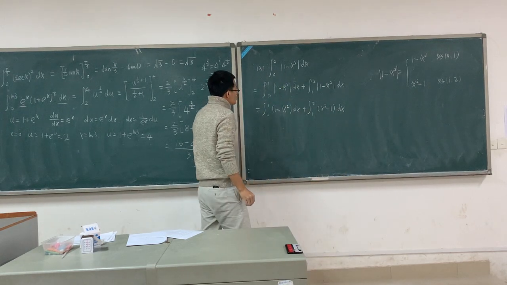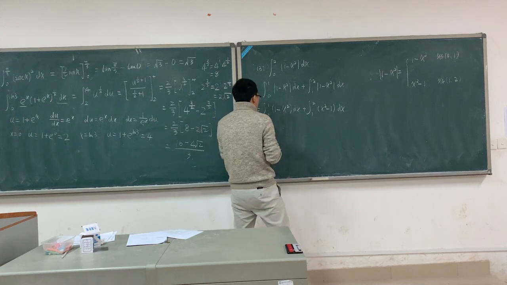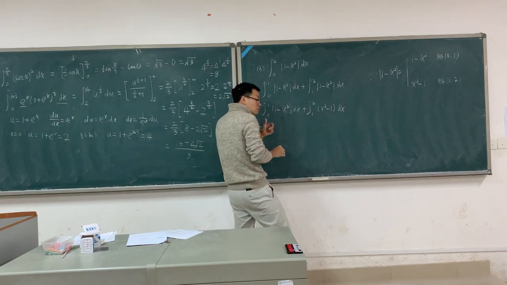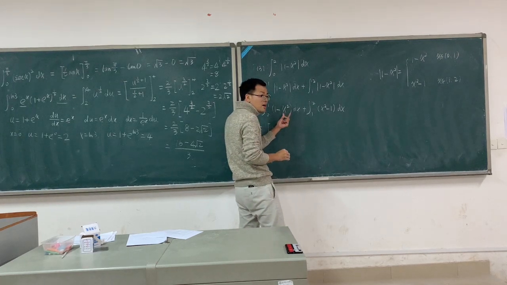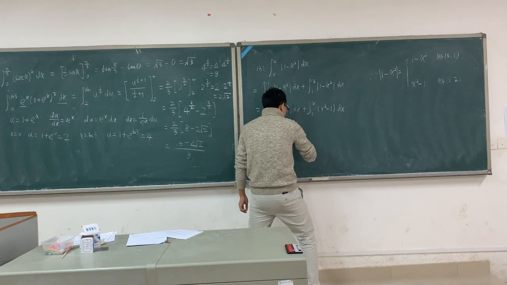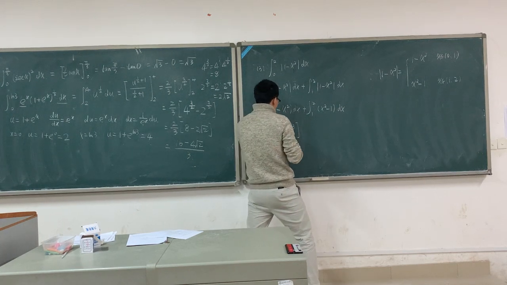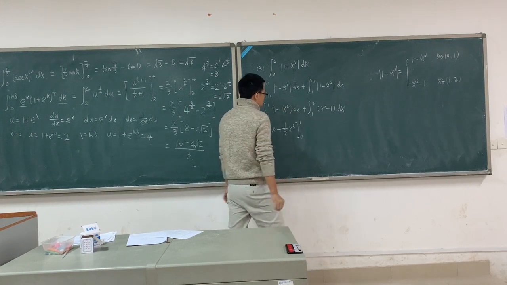For the first one, what's the antiderivative of 1? x. What's the antiderivative of x squared? 1 by 3 x cubed.